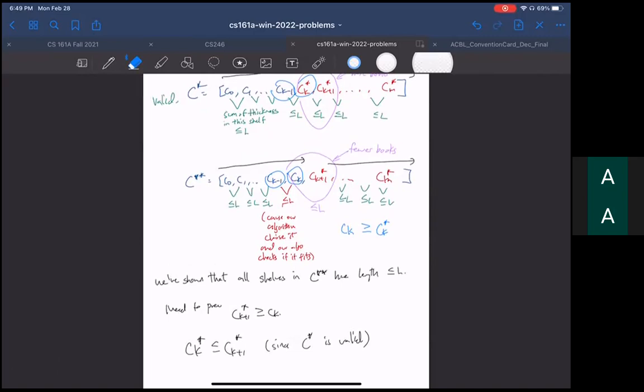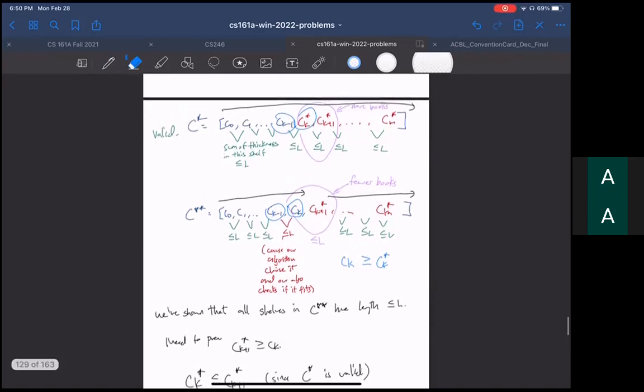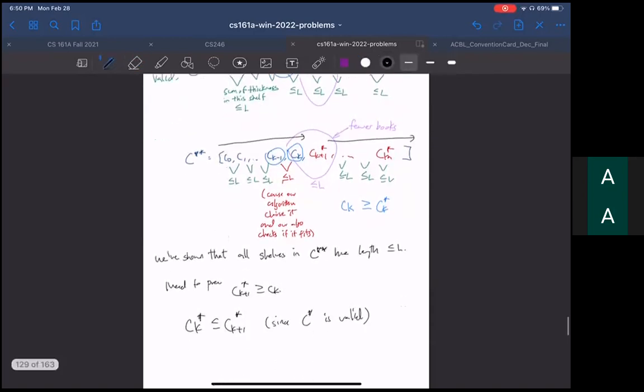Does this help us? CK has to be greater than or equal to CK star. All right. Let's see. I think I'm missing something here, so let me just double check. But yeah, there should be a way to prove that CK plus 1 star is greater than or equal to CK.